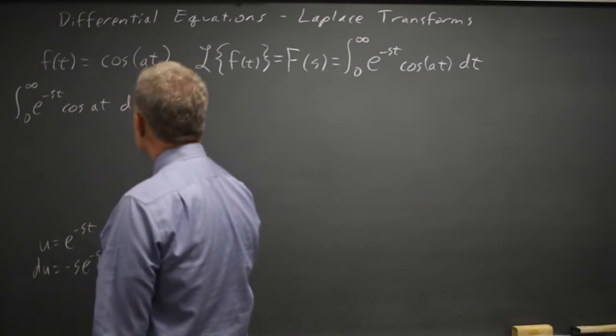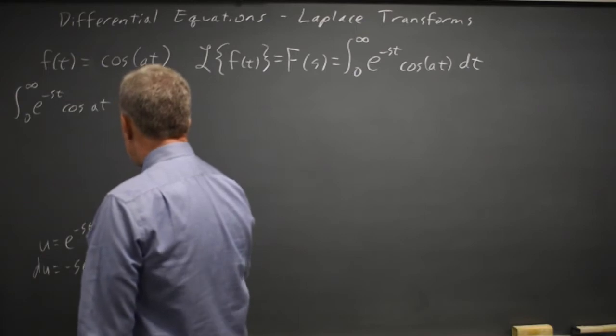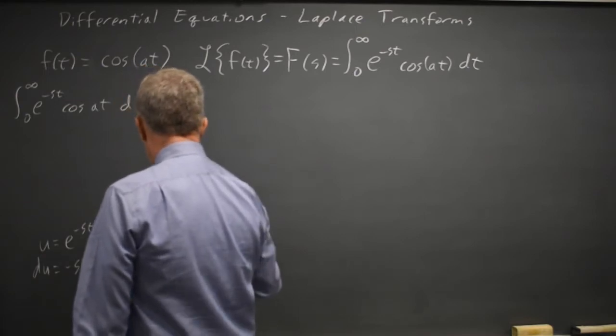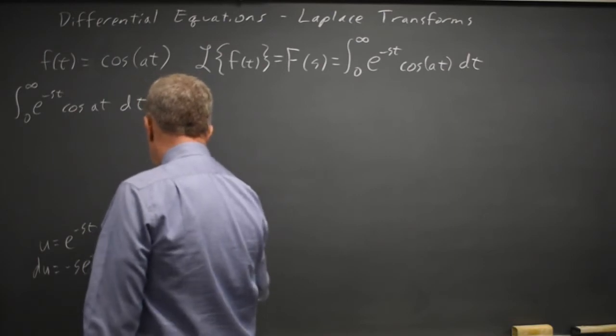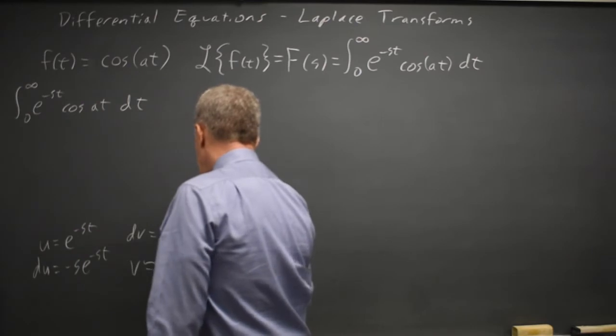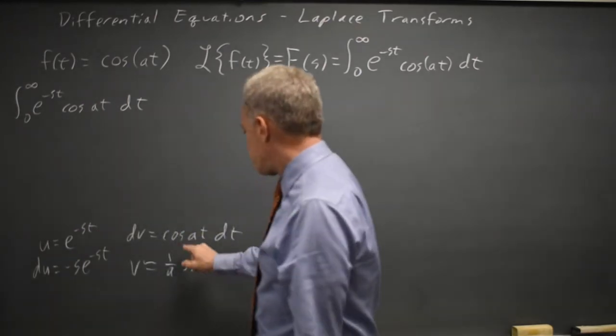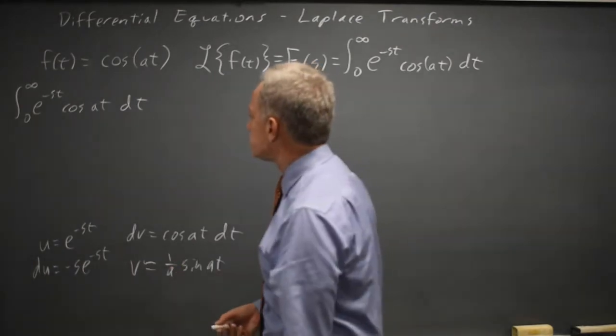It doesn't matter with exponential times sine or cosine. dv then has to be the cosine at dt. So v is 1 over a times the sine of at. Derivative of positive sine is positive cosine. Chain rule cancels 1 over a, so I did that correctly.